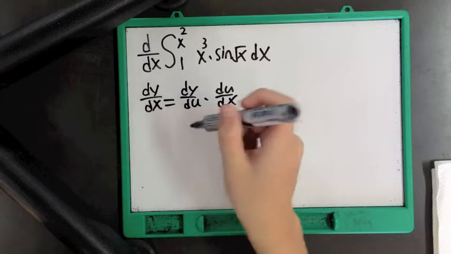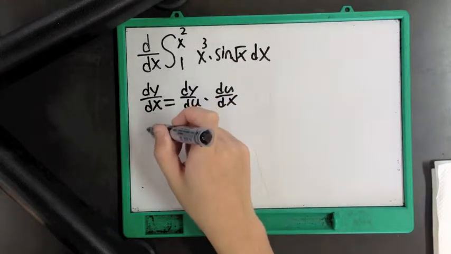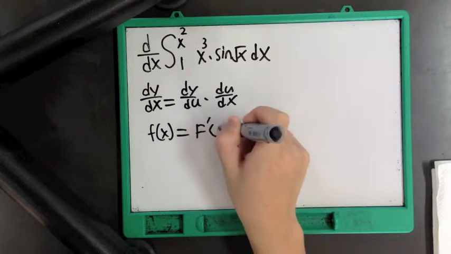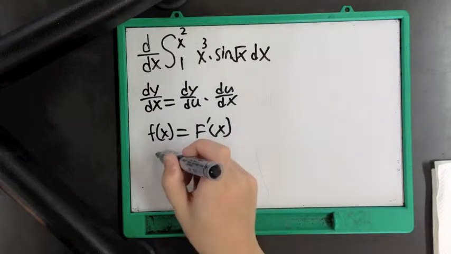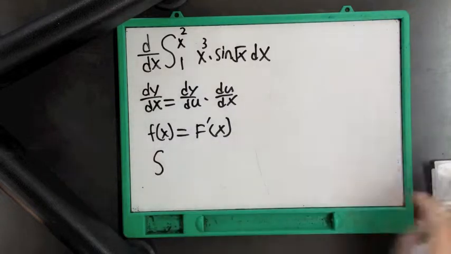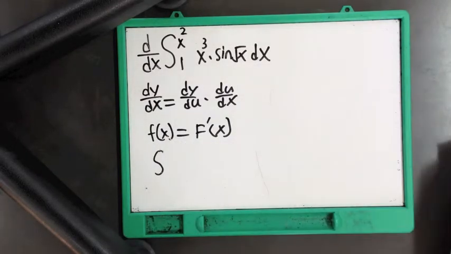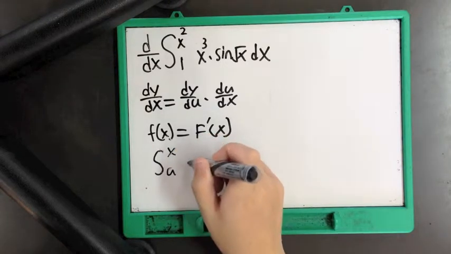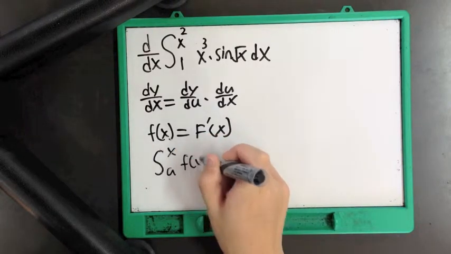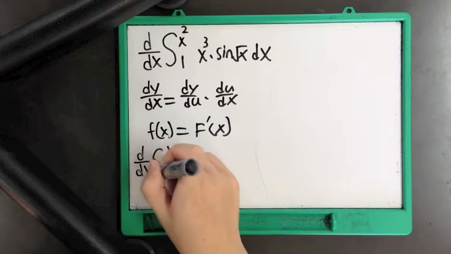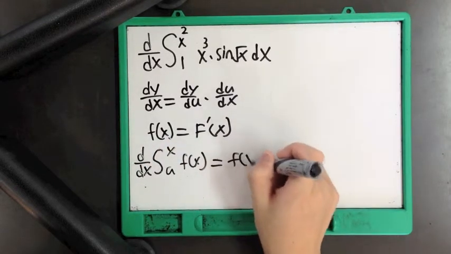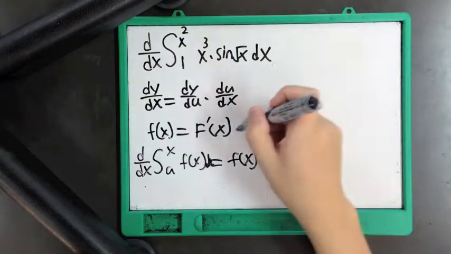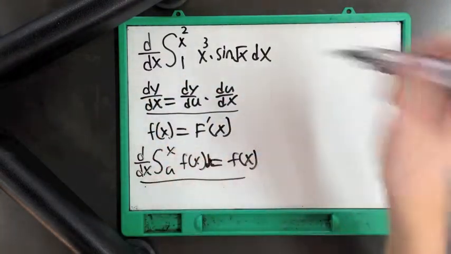And the fundamental theorem of calculus says that the integral from a to x of f of t, when differentiated, will still equal f of x. So using these two rules, we can solve this question.